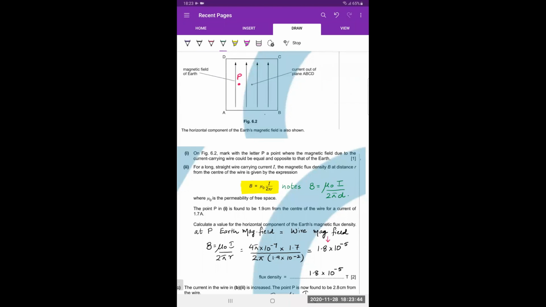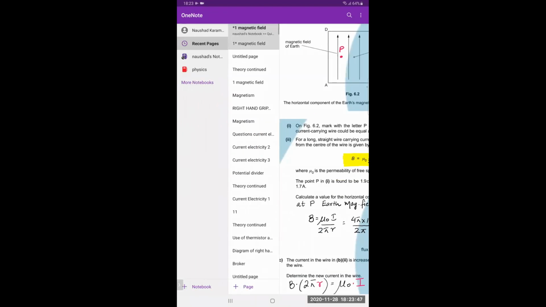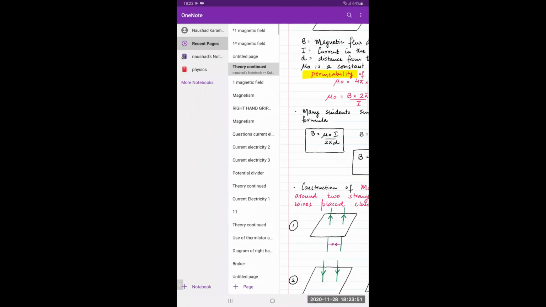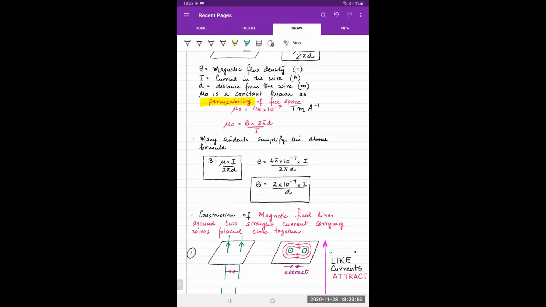Let me just quickly show you this formula before I proceed further. Okay, you should be able to see it. I had used d for distance. The formula is still the same, the only difference being that they have used the symbol r instead of d.